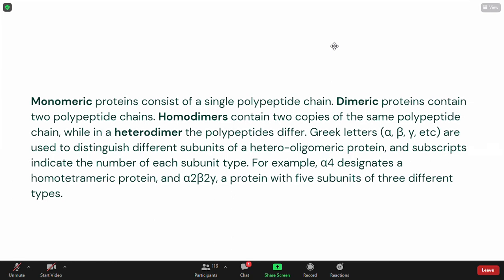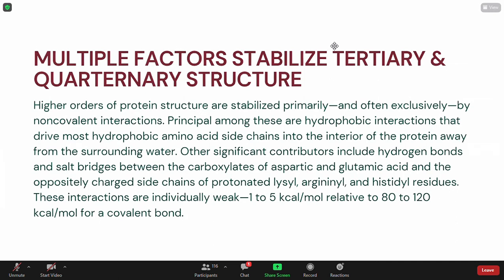But the subunits, there are two that are the same, homodimers, and two the same beta subunits. Now hetero meaning different subunits. Multiple factors stabilize tertiary structure. Of course, the non-covalent bonds come into play here.